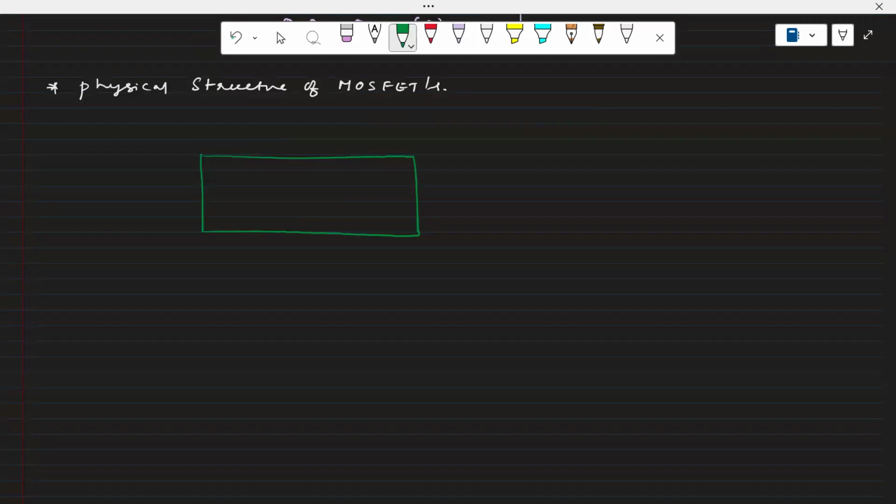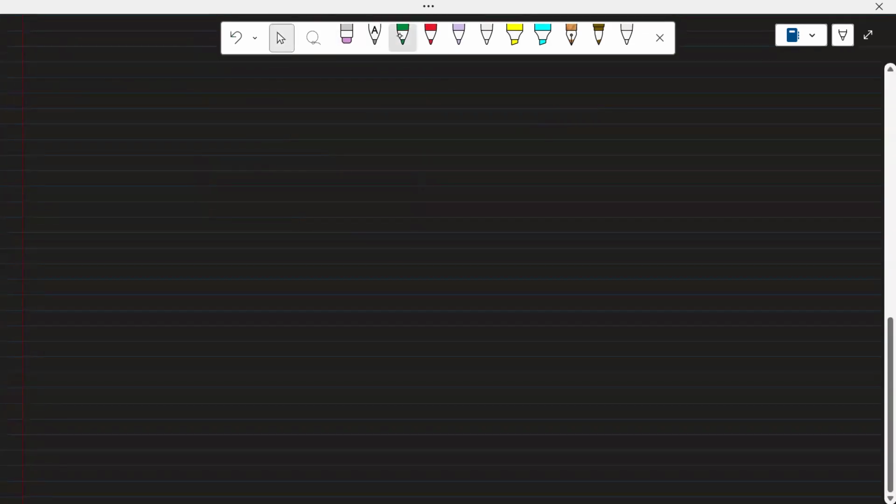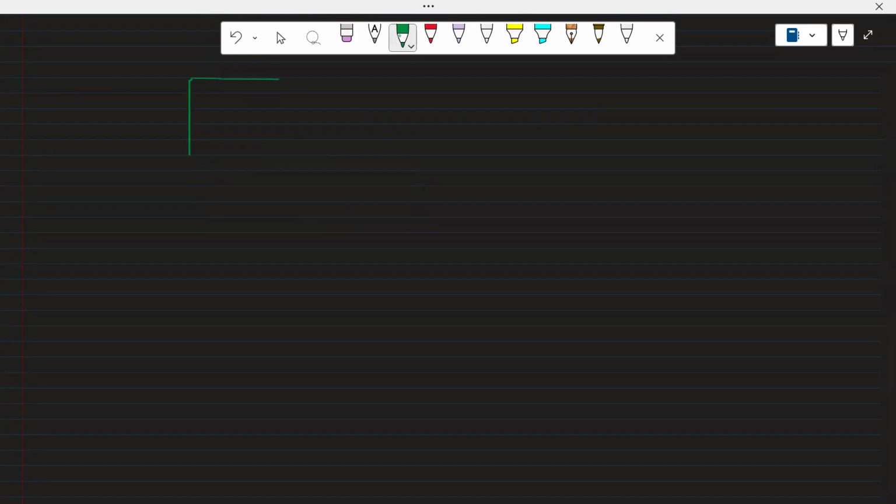Actually, MOSFET is a 4-terminal device. The body will also be there, right? It is a 4-terminal device. And one more thing is that if you want to realize an nMOS transistor, what should the body be? The body should be P-type, right?